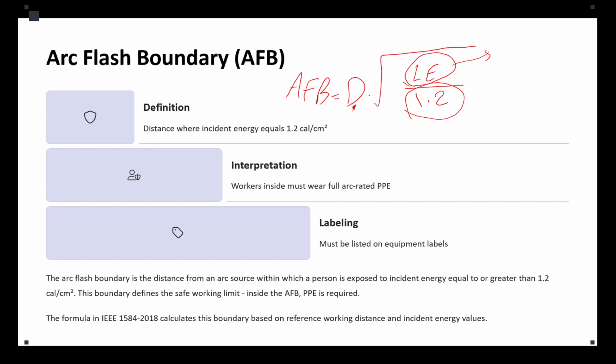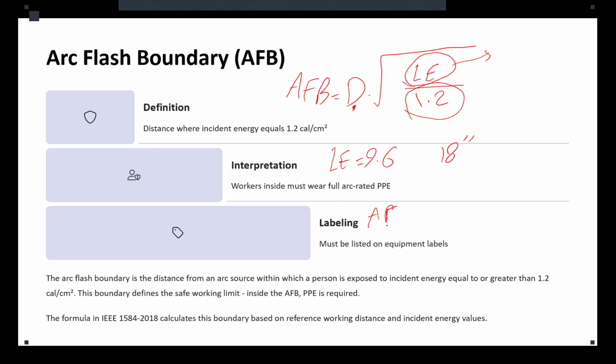So, for example, if incident energy is 9.6 calories per square centimeter at 18 inches, so let's say we have IE equal to 9.6 at 18 inches, the AFB for this situation would be 18, this D is in inches, times the square root of 9.6 over 1.2.